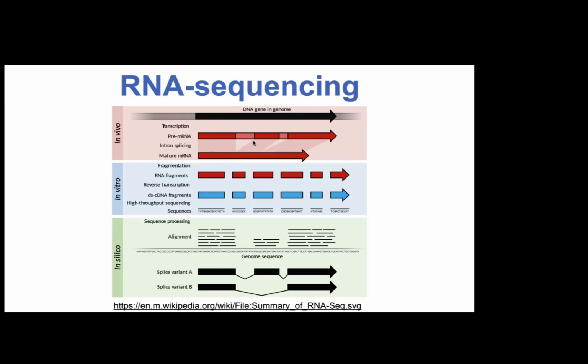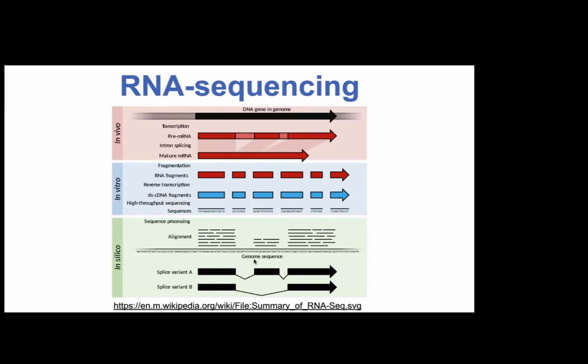We cut out things, so there are all of a sudden splicing junctions that don't exist in the reference, and certain exons are missing. So the alignment algorithms have to be able to deal with this splicing variation.